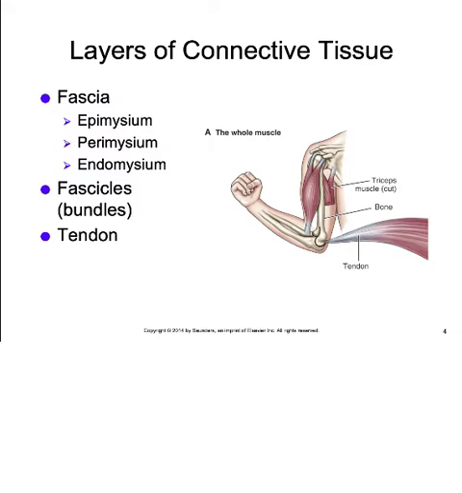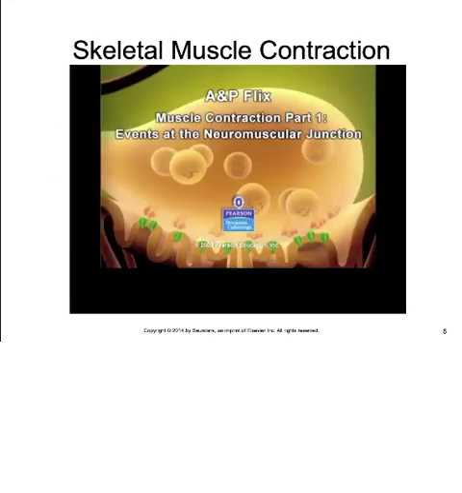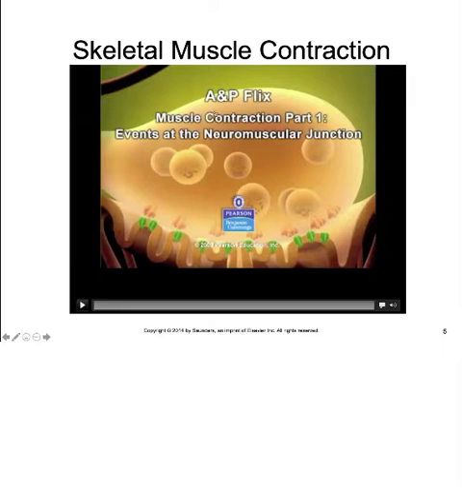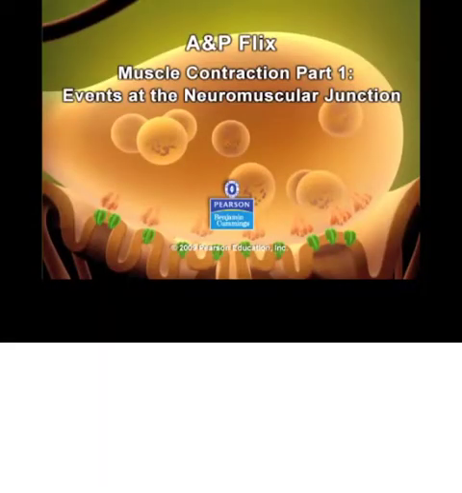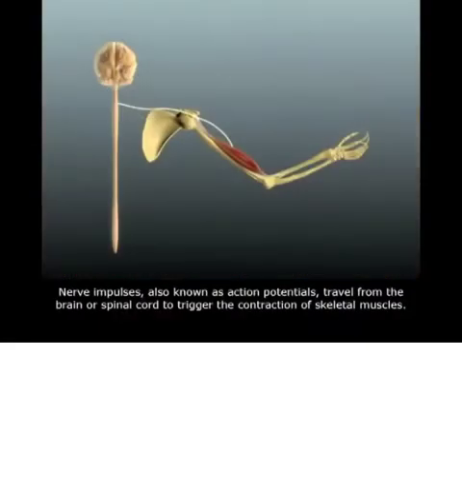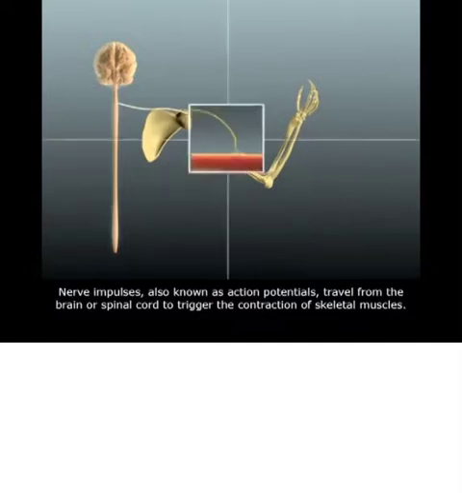What we're going to look at now is the sequence of events that ultimately leads to skeletal muscle contraction. Nerve impulses, also known as action potentials, travel from the brain or spinal cord to trigger the contraction of skeletal muscles.